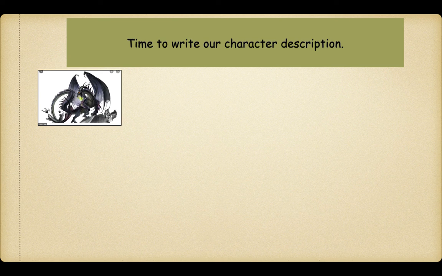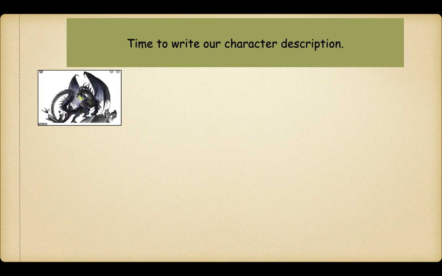So we can do this together, and you can begin it as well. I'm going to make some suggestions, but you do not have to do what I do. So here we go. First of all, if we have a piece of writing, a simple story, we need a title.